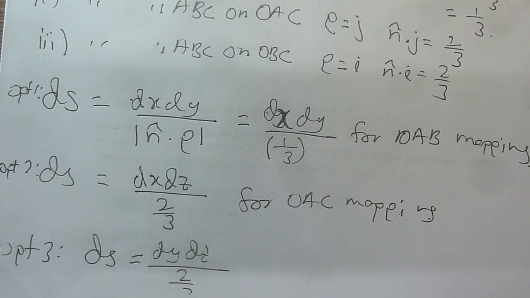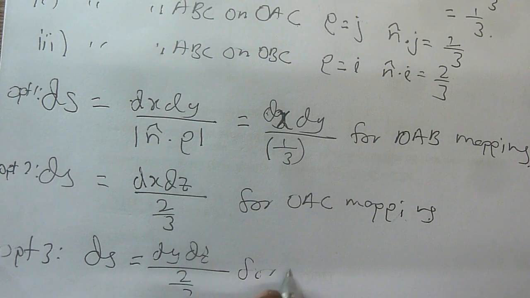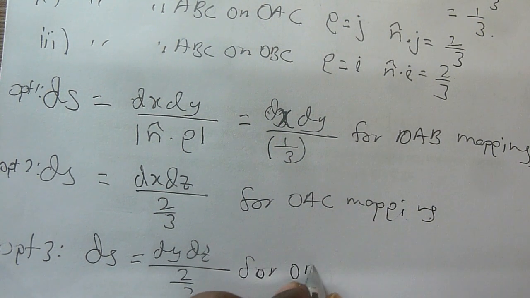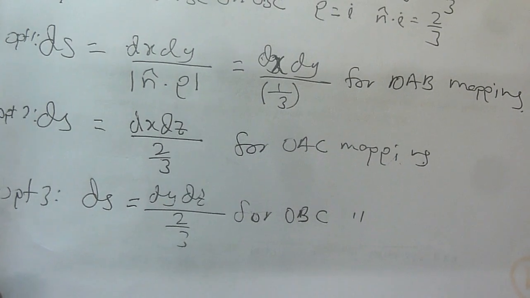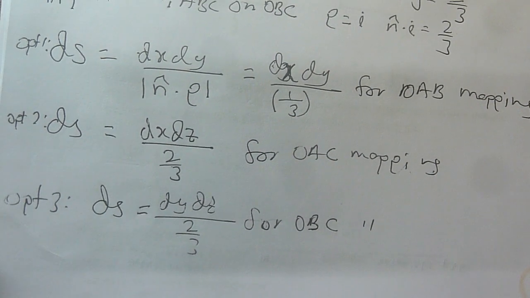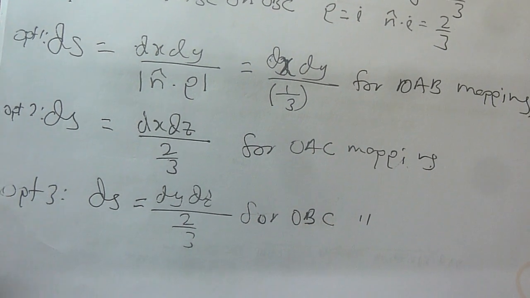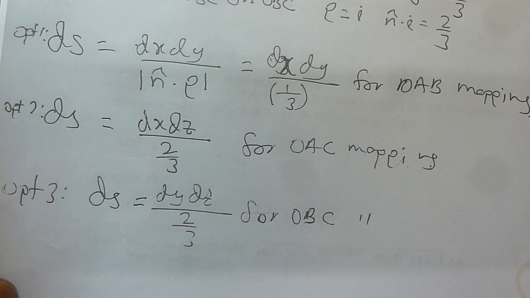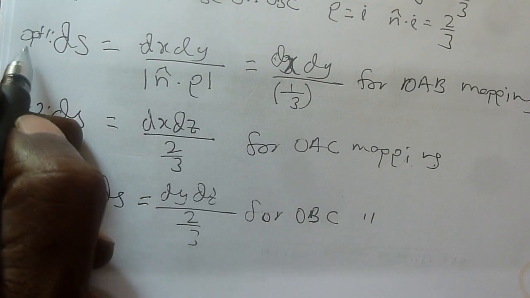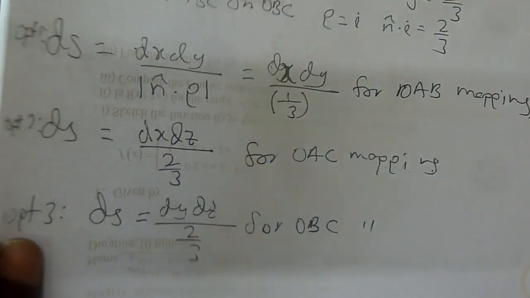Okay, 2/3 for OBC mapping. Okay, now I'm going to show you how to calculate this. Okay, let us choose any one of this option, no problem. Okay, you can choose any option. Okay, let me choose option 1 to calculate.